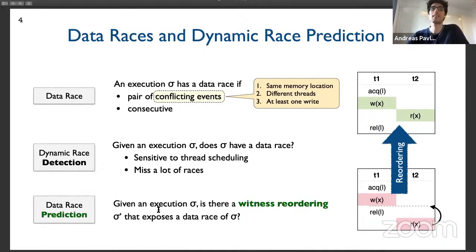Instead of waiting for the data race to manifest in the observed trace, you observe a trace that might be data race free, like the one at the bottom, where these 2 accesses are separated by an intermediate event. Nevertheless, you can infer that there is some valid reordering of this trace that would lead to another valid trace of the program in which you would actually observe a data race. This is the data race prediction problem.